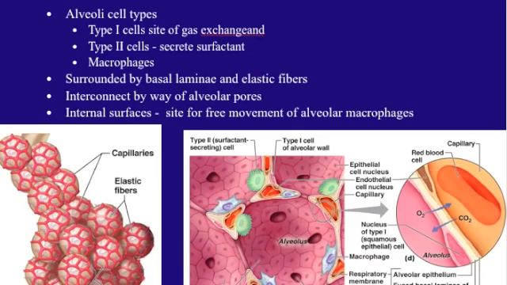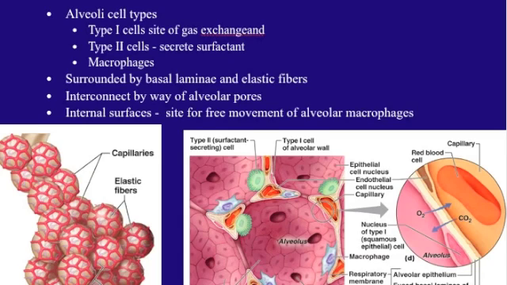So the functions of the alveoli. The alveoli have three different cell types: type 1, type 2, and macrophages. Type 1 cells are the site of gas exchange. Type 2 cells secrete surfactant. And the third type is macrophages.